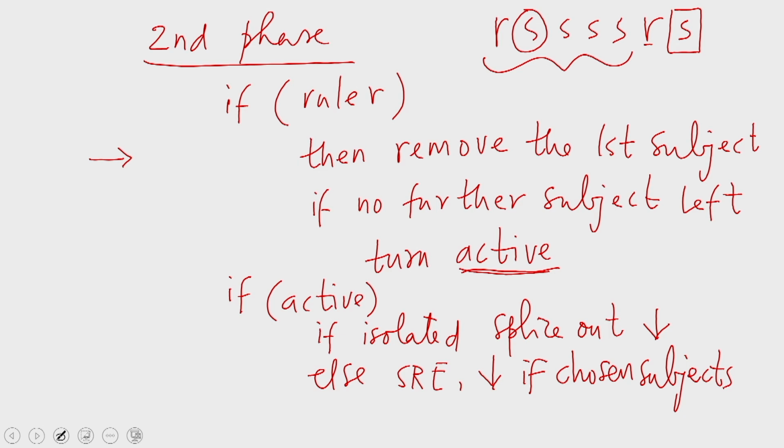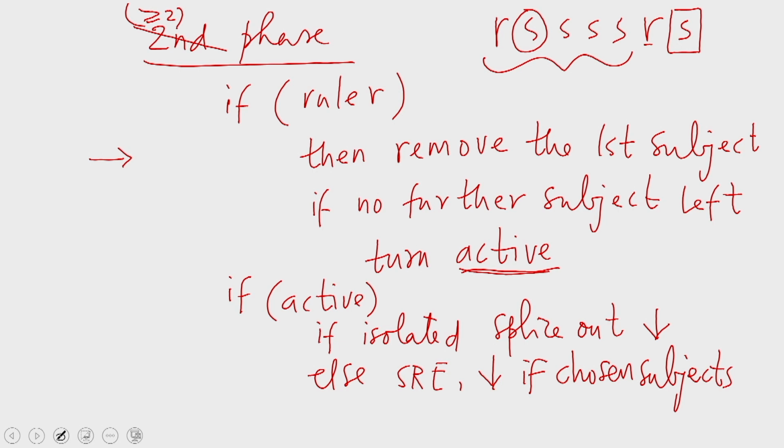So, this is not just the second phase, this is every phase greater than or equal to 2. Every phase numbered greater than or equal to 2 will function like this. At the beginning of a general phase, we have processors sitting on ruler nodes as well as active nodes. First, we activate the processors that are sitting on the ruler nodes.